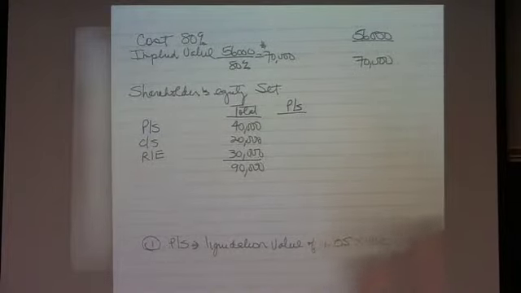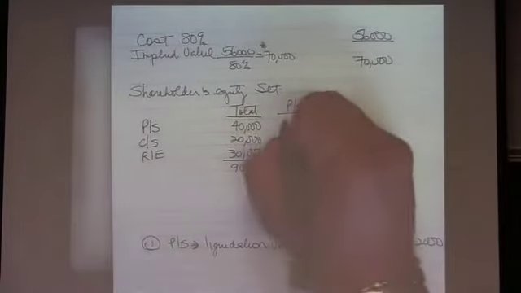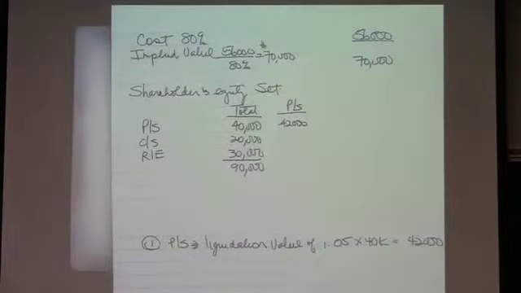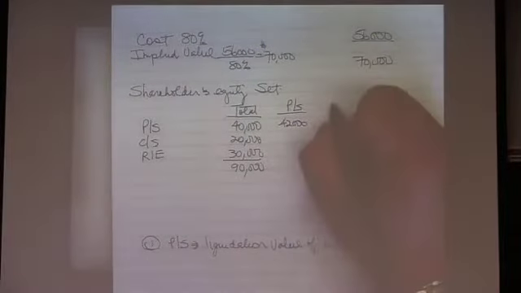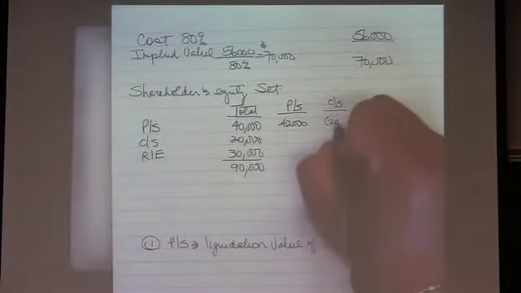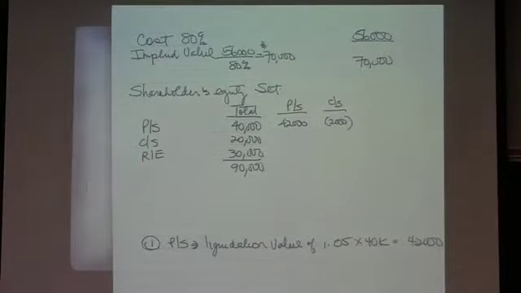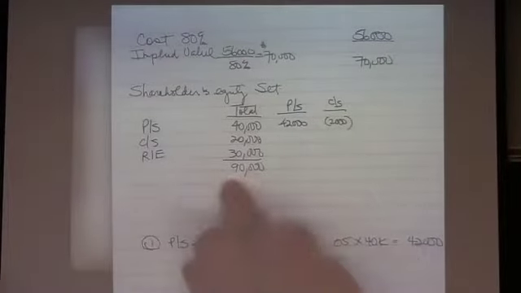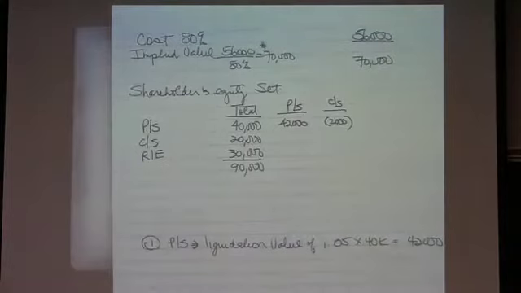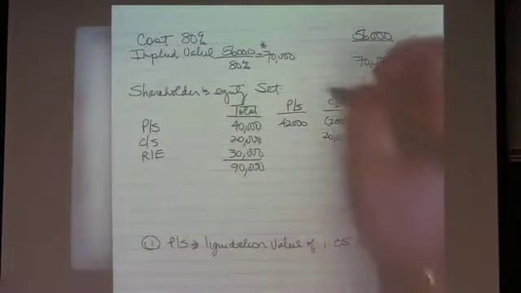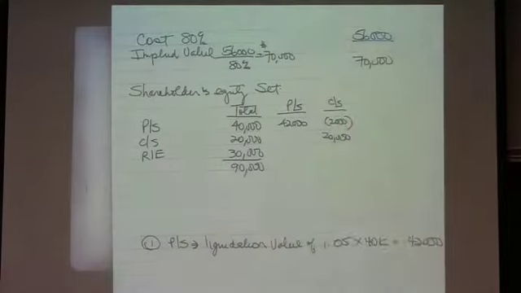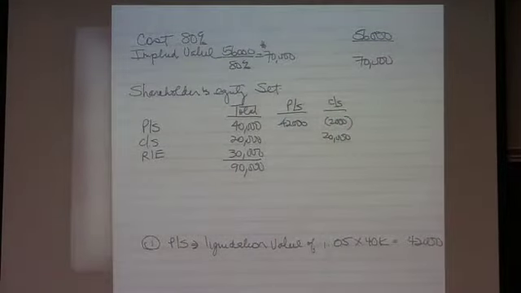So we know that these preferred shares will be liquidated at $42,000. Then indirectly, we need to take $2,000 from common, because we know that of this 42, $2,000 actually goes to preferreds. Now, common is 20. We want the common share column.